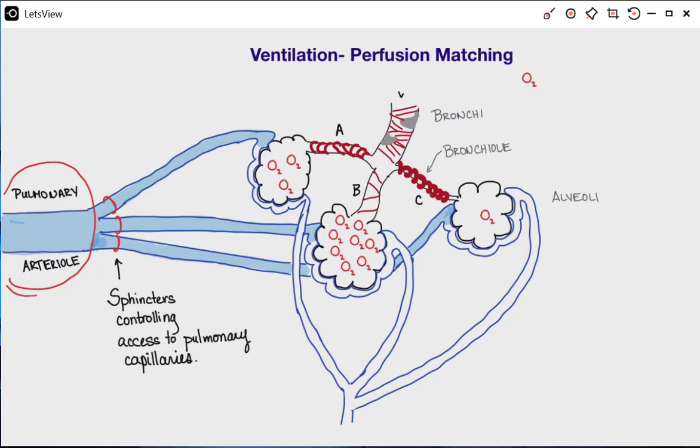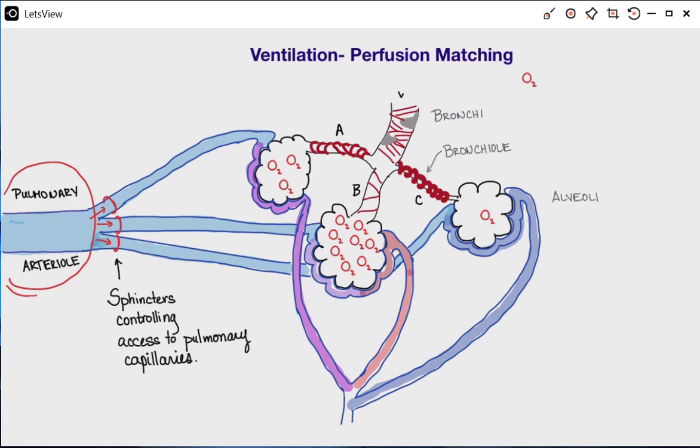If I divert my blood evenly, as you see here, then the blood that goes by B will become well oxygenated, like so. The blood that goes by A will be somewhat oxygenated, and the blood that goes by C will be poorly oxygenated. So this is not the best design.